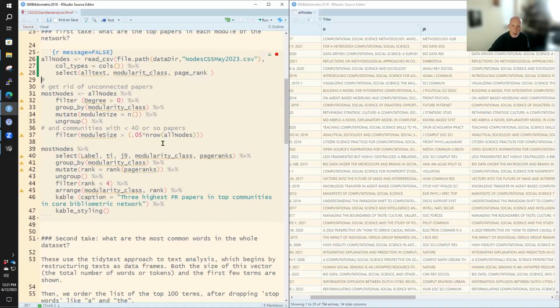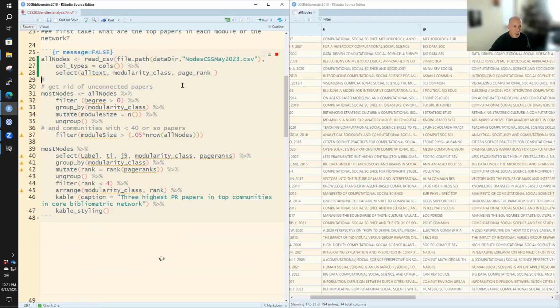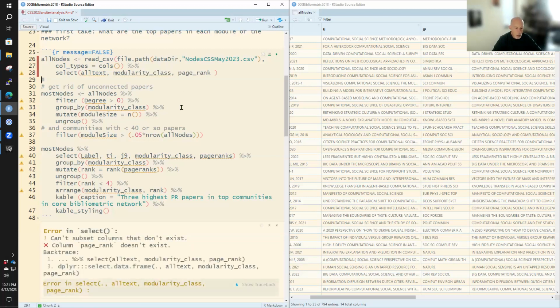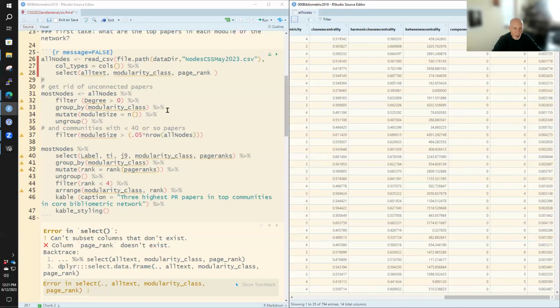And when I do that, okay, my all text field, now, whoops, because I misspelled that. Now all text and page rank, because page rank isn't called page rank, it's called page ranks, which it shouldn't be, but I'm going to stick with that.